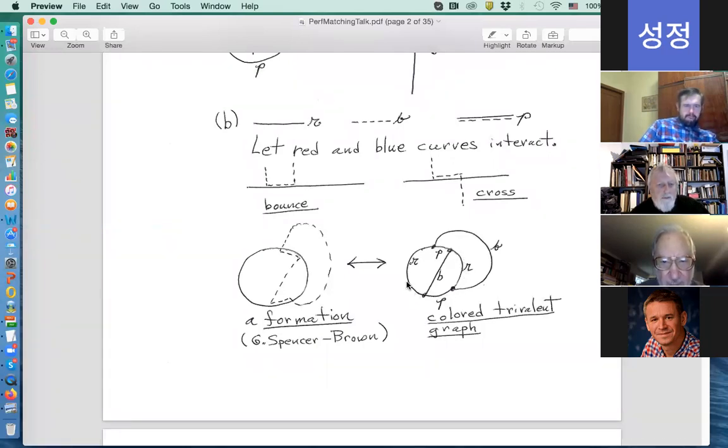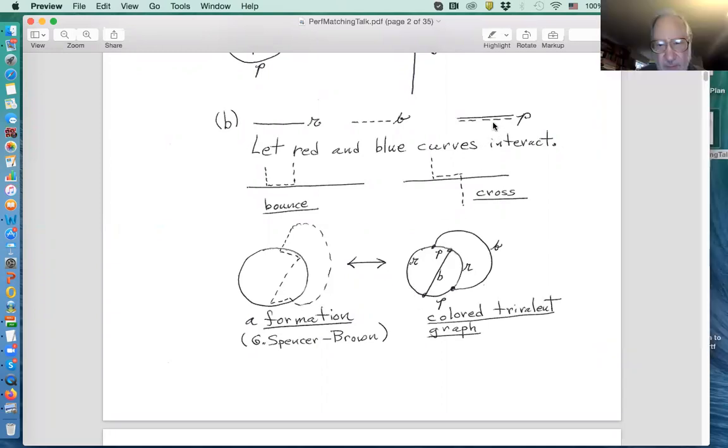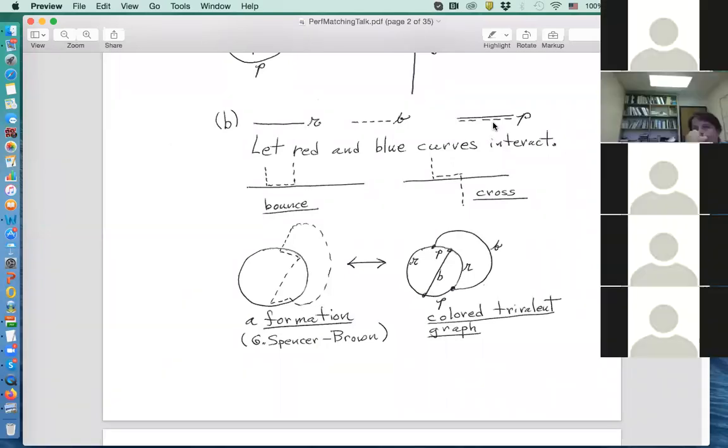You can see my pointer, I hope. Yeah. Do you see the arrow? You do. Okay. So here is an alternating two-color circuit, red, purple, red, purple. But I want to think of purple as factored into red and blue, as it is in my group, right?